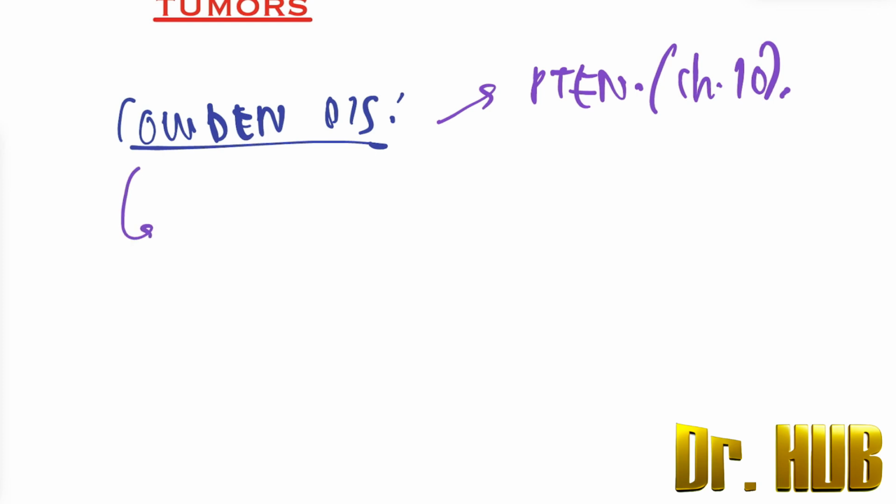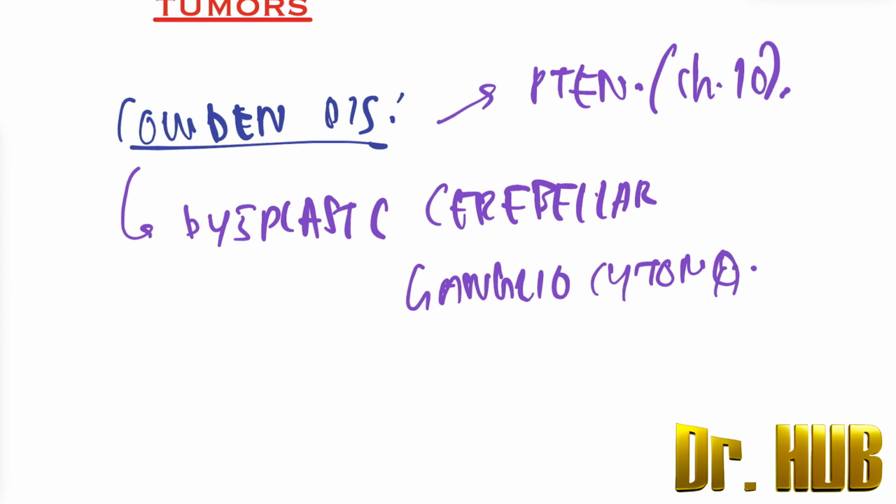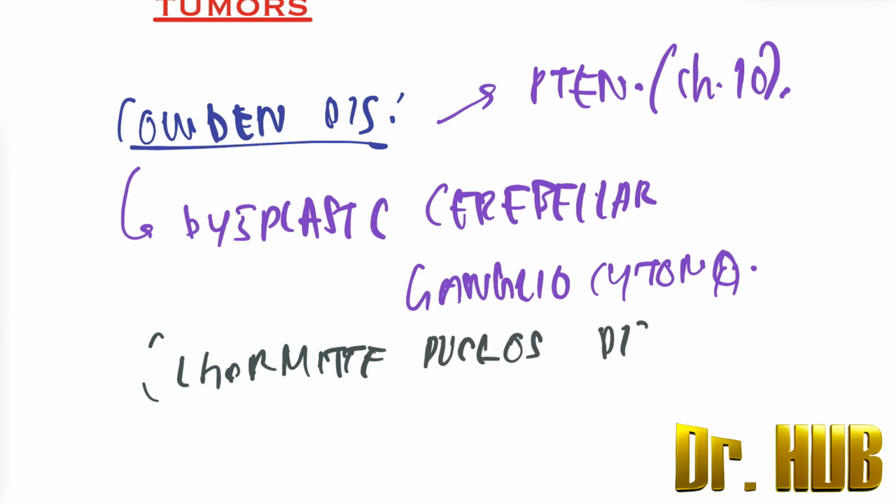Talking about the tumor, it is dysplastic cerebellar gangliocytoma, which includes Lhermitte-Duclos disease. There is also meningioma as well as astrocytoma.